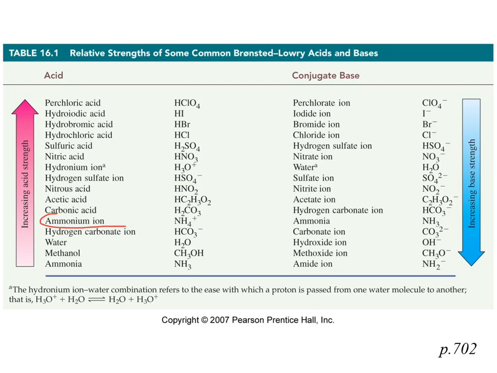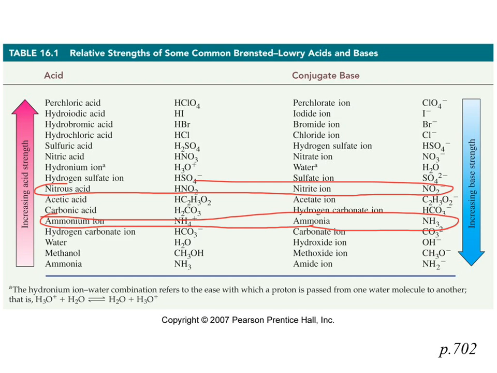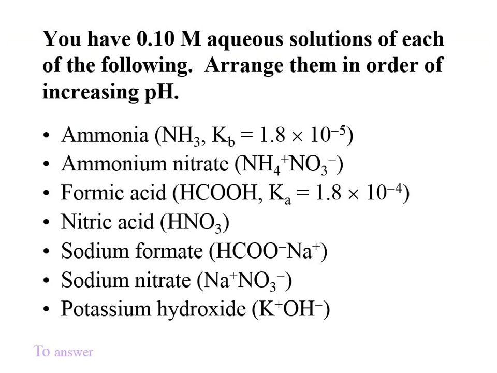For instance, if we pick on the ammonium cation, you go across and they differ by a proton. Nitrous acid, too, differ by a proton. So it's not usually too hard to look on either side of the equilibrium arrow and pick out the conjugate acid-base pairs.